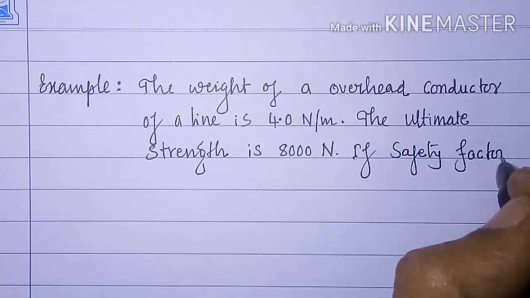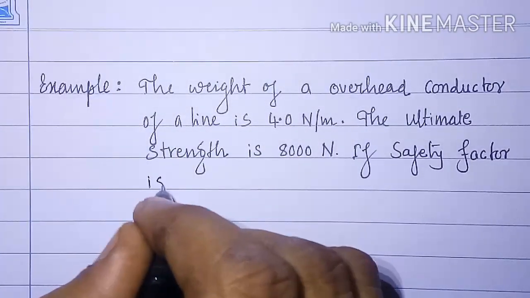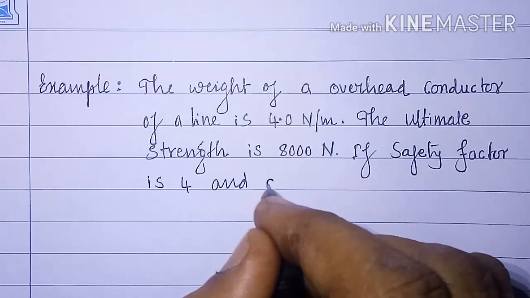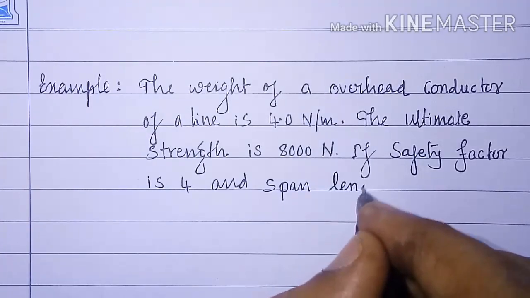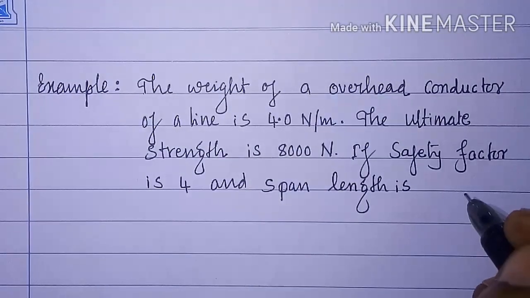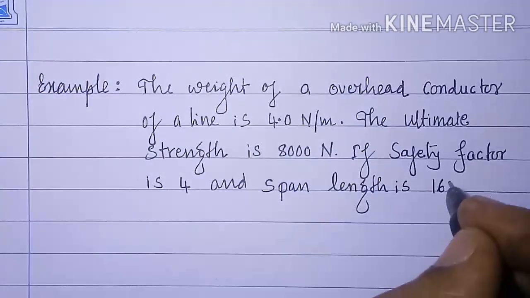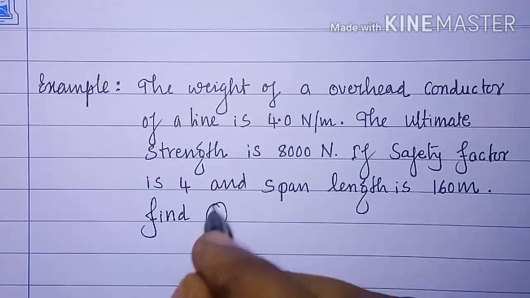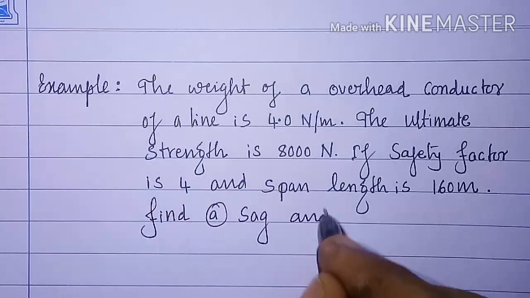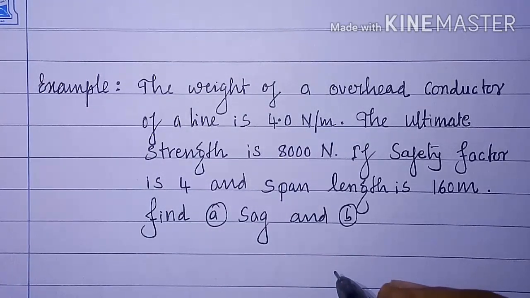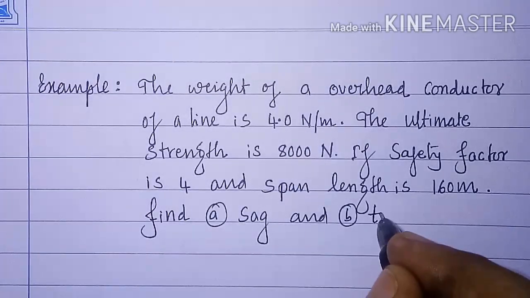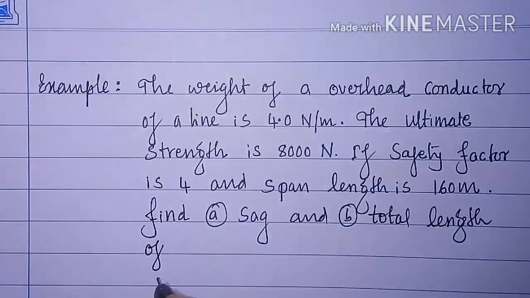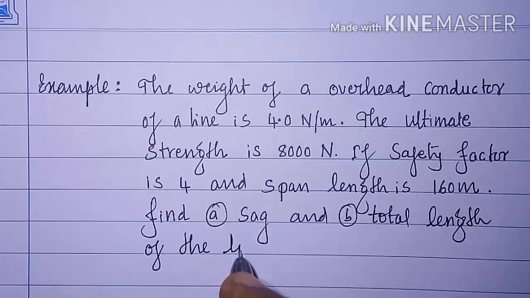If safety factor is 4 and span length is 160 meters, find A, sag, and B, total length of the line.